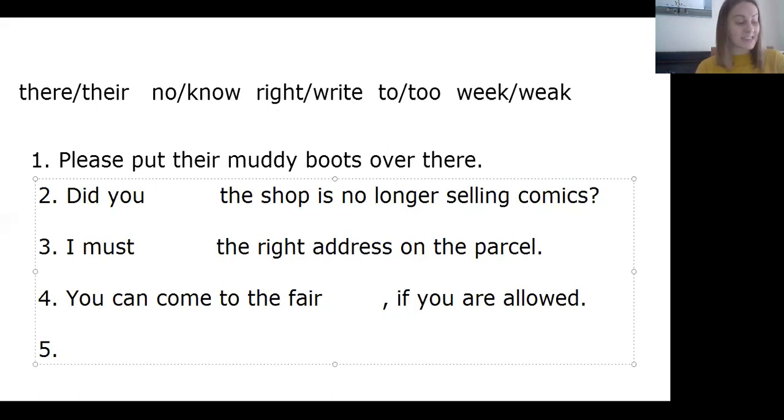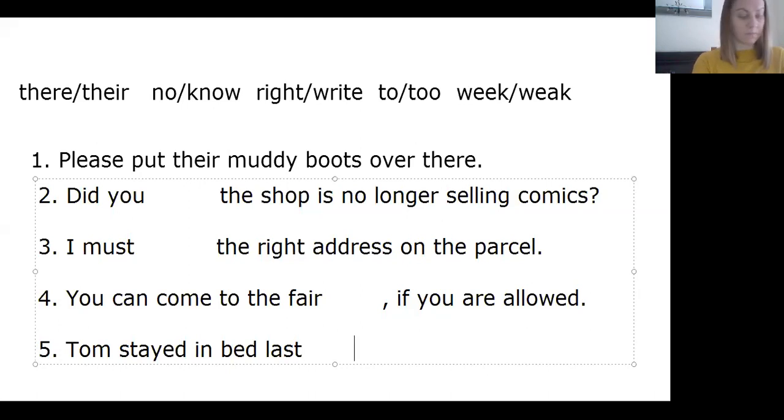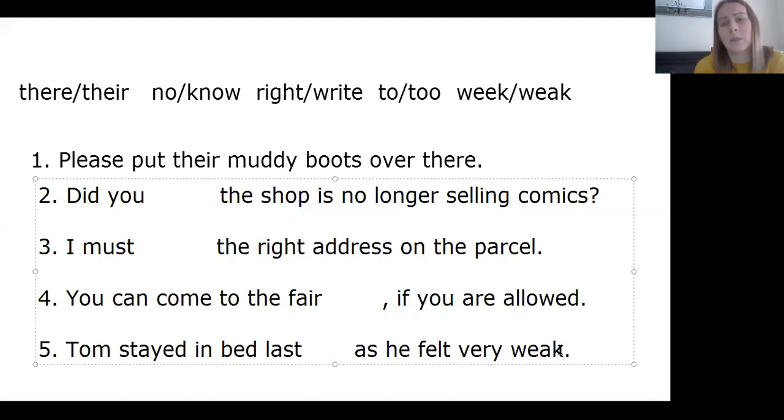Okay, your last sentence is, Tom stayed in bed last something as he felt very weak. Now the spelling of weak here means he felt very feeble and very weak, like he couldn't really move very well. He wasn't very strong at all. He felt the opposite of strong.